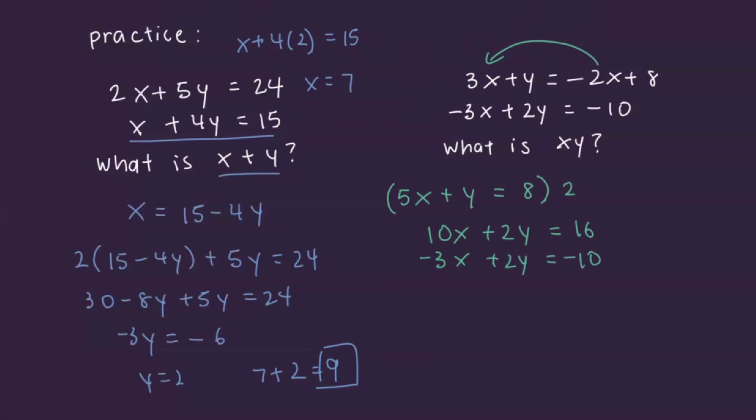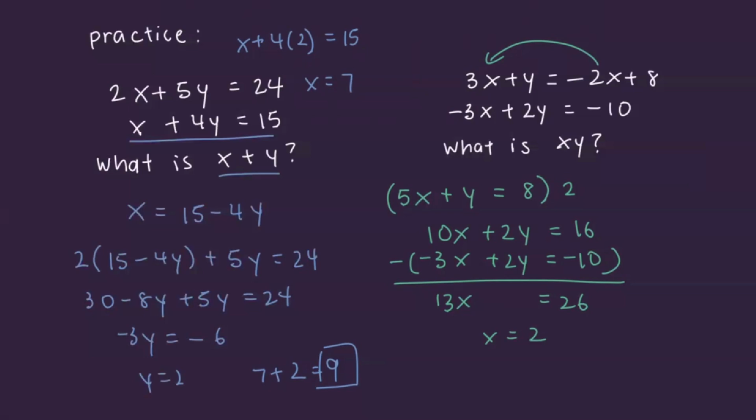And to cancel out the y variable here, we will subtract everything. So 10x minus negative 3x, that is 13x. That's 0. Equals 16 minus negative 10, that is 26. x equals 2. And let's solve for y.